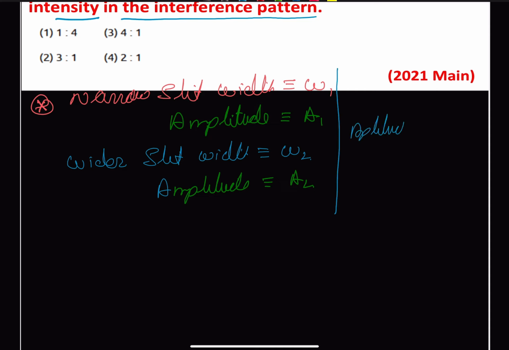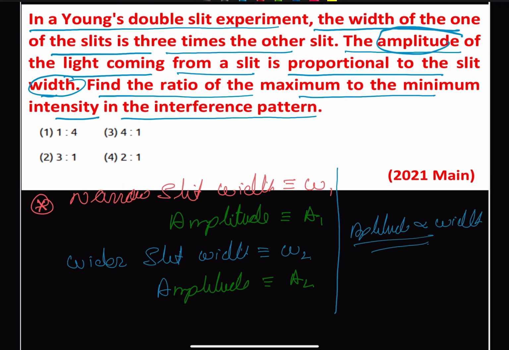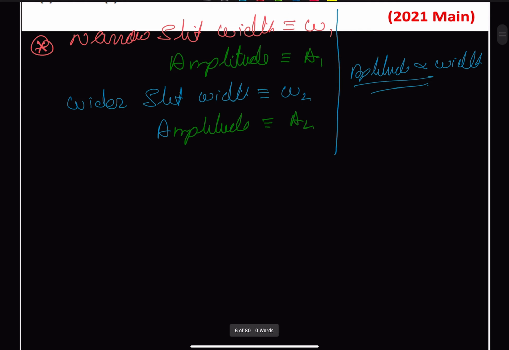But it is also given in the question that our amplitude is directly proportional to width. Therefore, our width is 3 times the other slit width.